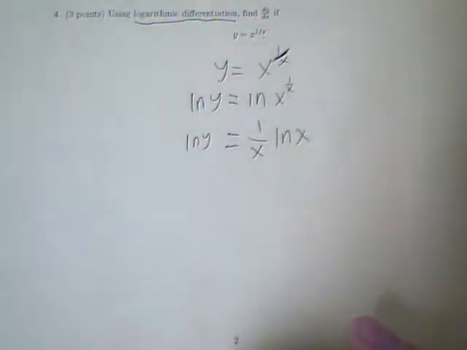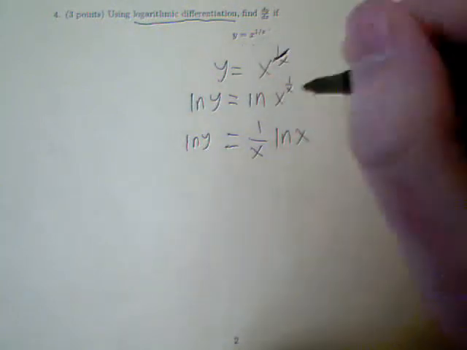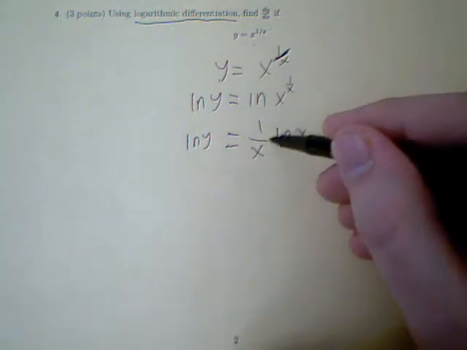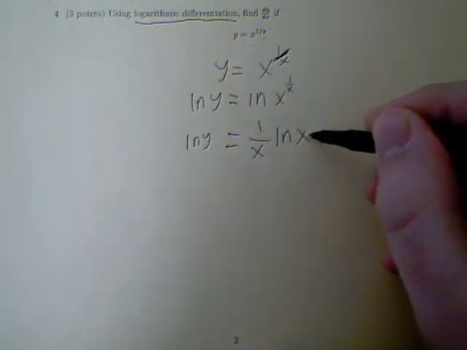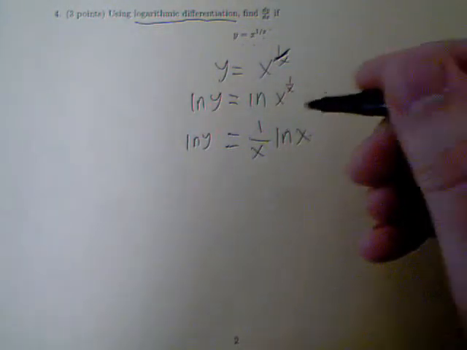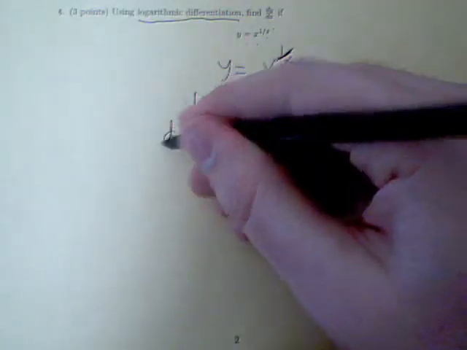Alright, so now, this guy's real hard to take a derivative of, but here, I've got two things multiplied together. I can take the derivative of 1 over x. I can take the derivative of natural log of x. Okay, so let's derive everything. So take d/dx of everything.